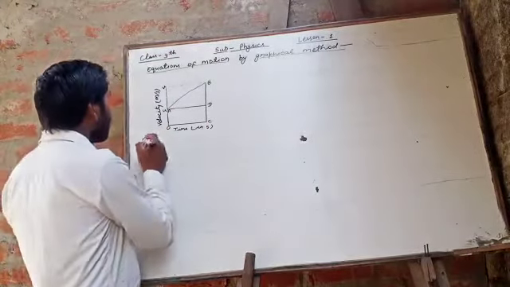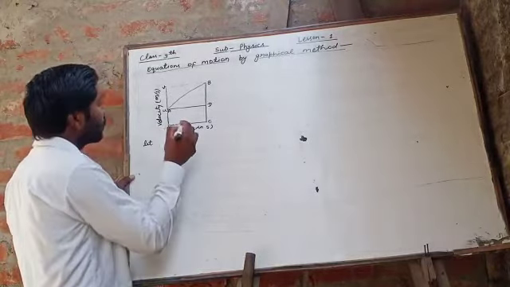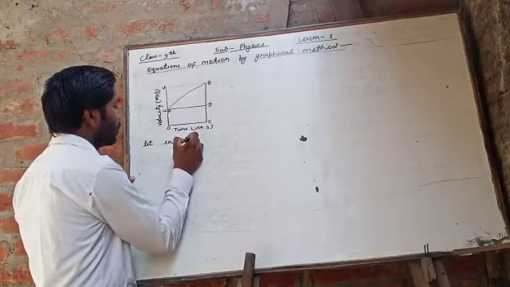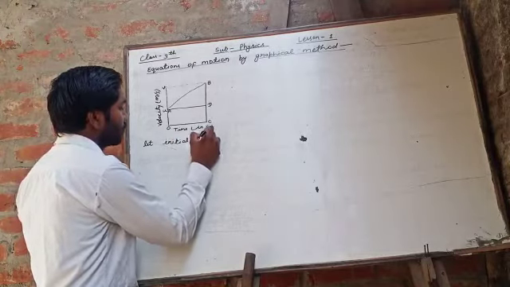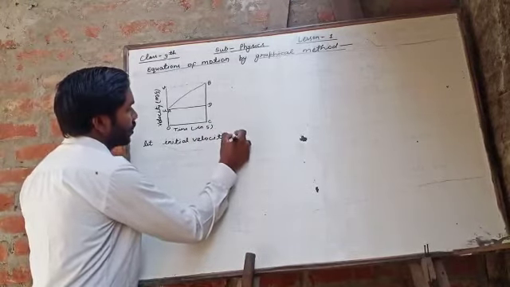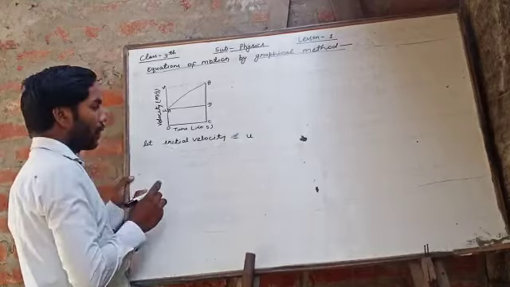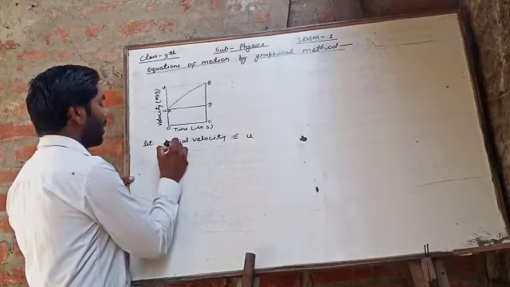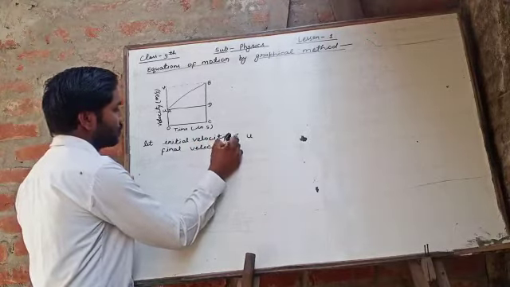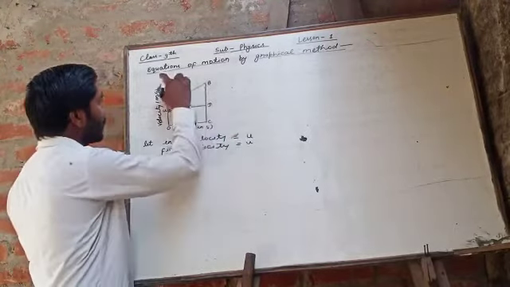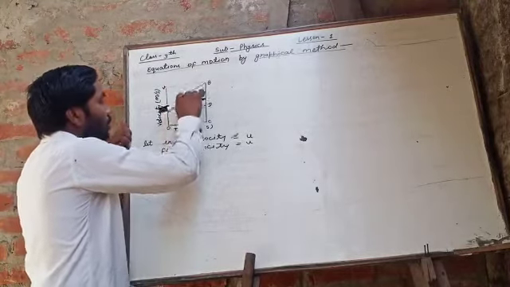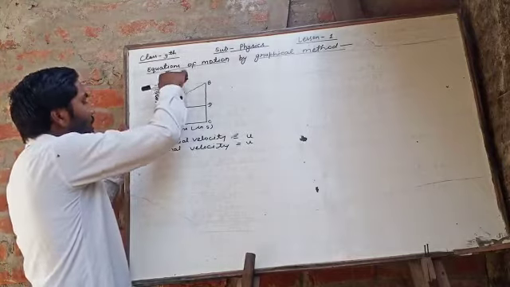So let the initial velocity be equal to u, and the final velocity be v. You can see here the initial u, from here we are considering, and final is v.